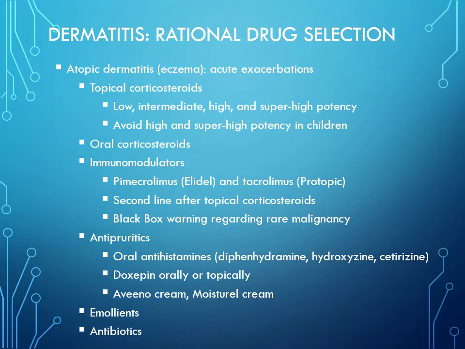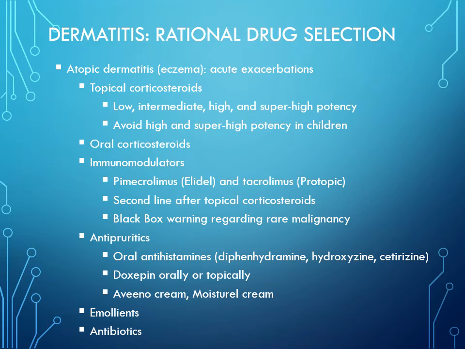Again, as I said, you may want to use those off and on, intermittently, whenever possible. But when patients have an acute exacerbation, they're certainly going to need a fairly high potency corticosteroid. So they come, as I said, in low, intermediate, high, and super high potency. Again, you want to avoid the high or super high potency in children.